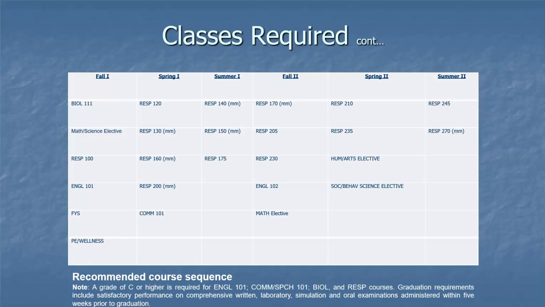Now you will see that if you have some of these done, that does cut down the number of credits per semester, which could affect your financial aid. So you may not have full-time financial aid, you may only be eligible for part-time financial aid. If you have questions about this, please see me because we can discuss it.